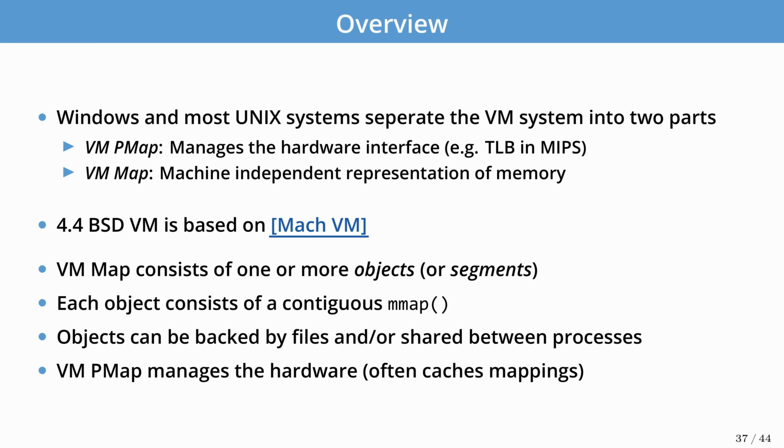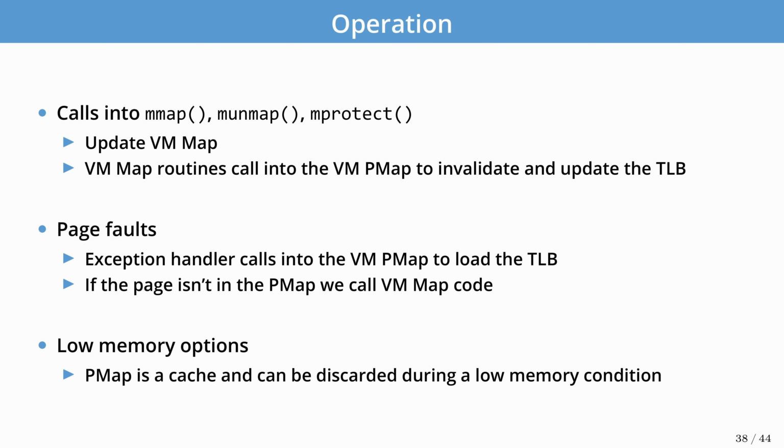The pmap is going to allow us to abstract away all of the hardware-related issues. It's going to deal with the TLB. If there's a TLB, often it deals with some kind of cache for the mappings. The general operation is that calls to mmap, munmap, and mprotect update the vmap. They update a set of objects in the kernel that describe the layout of the address space of a process.